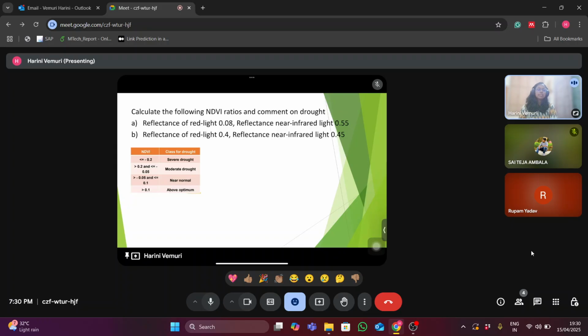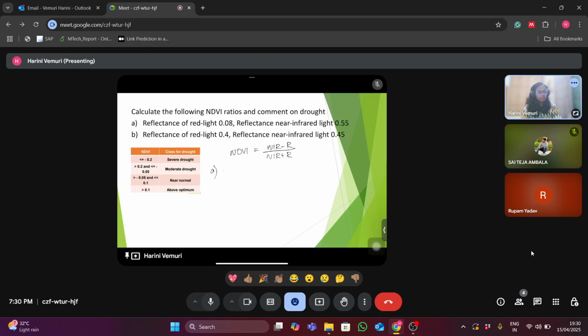So then the last question is, calculate the following NDVI ratios and comment on drought. We know that NDVI is calculated using NIR minus R by NIR plus R, where NIR represents the reflectance in the near infrared region and R represents the reflectance in the red band. Okay.